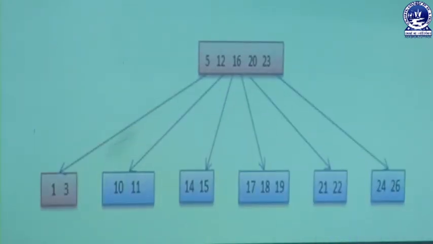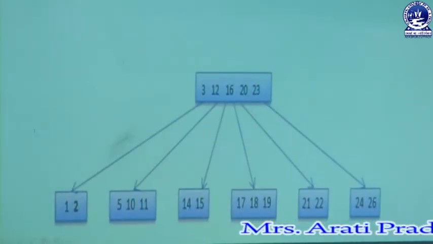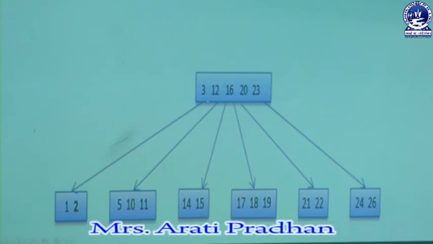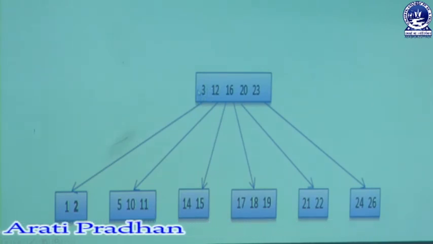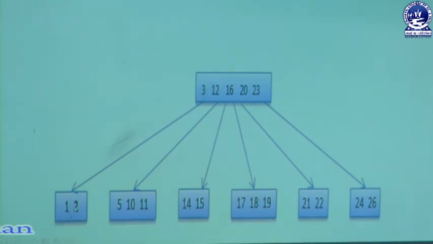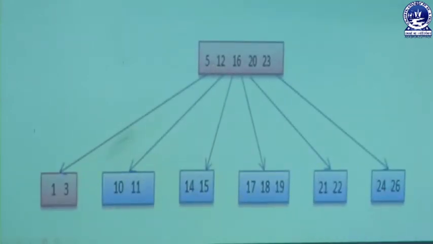For that reason, we will take 3 and place 3 here in place of 2, and we will place 5 in place of 3. Here you can see the root containing 5, 12, 16, 20, 23. The 5 is placed in place of 3, 3 is placed here, and 2 is deleted.